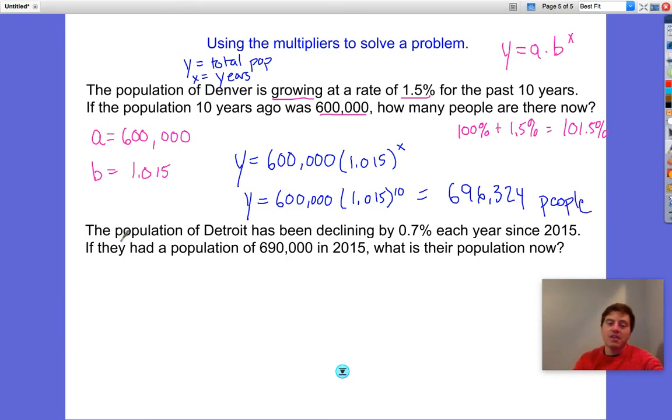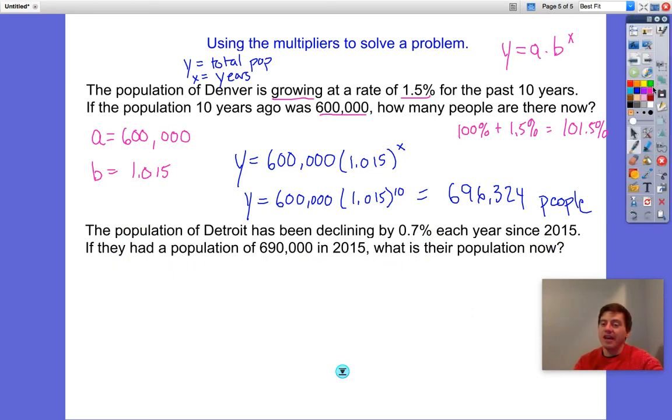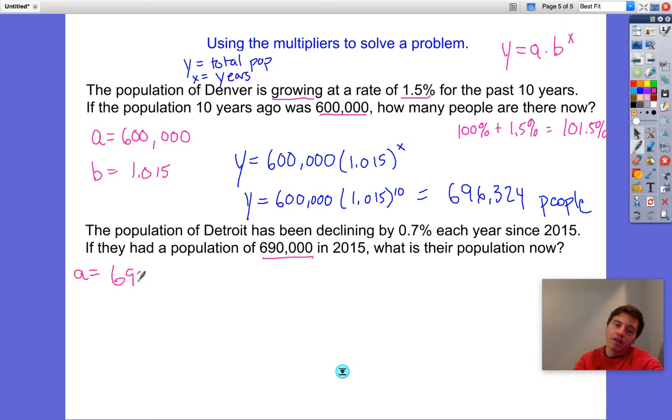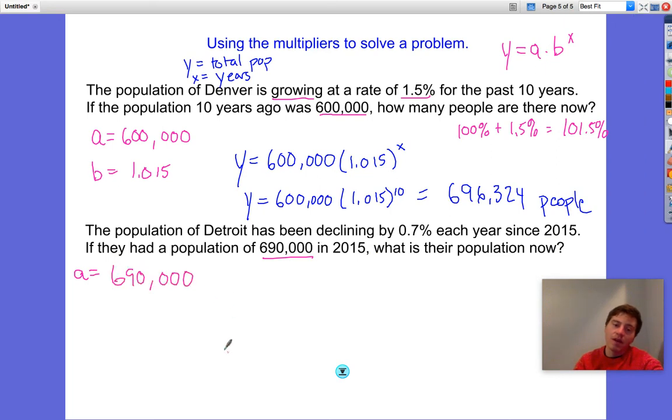Now, very similarly down here, this is saying Detroit's population has been declining by 0.7% each year since 2015. If they had a population of 690,000 in 2015, what's their population now? So what we'd be looking at, of course, we've got another starting value here, 690,000 as a population, using these same let statements. And then we have to find this. We're starting at 100%, but we're losing 0.7%.